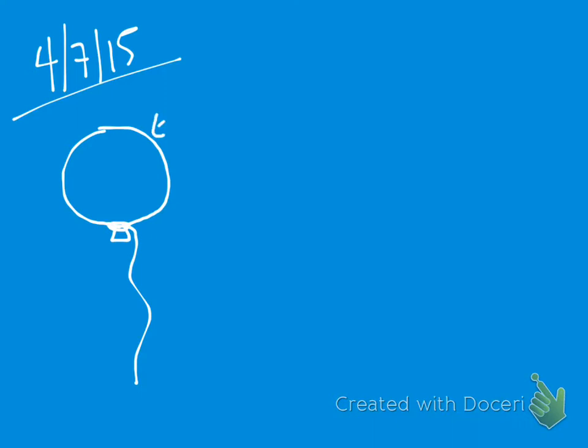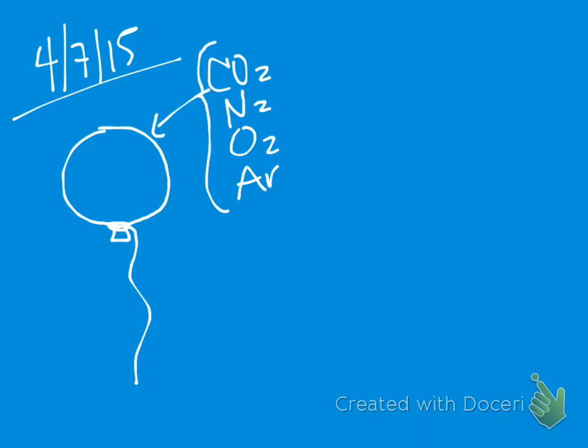Let's say we have this balloon and it's got some, well, if you just filled it up yourself, it's probably got some CO2, some nitrogen, some oxygen, and we'll say you got a little bit of argon in your lungs too. Okay. So we've got a combination of gases in this balloon.